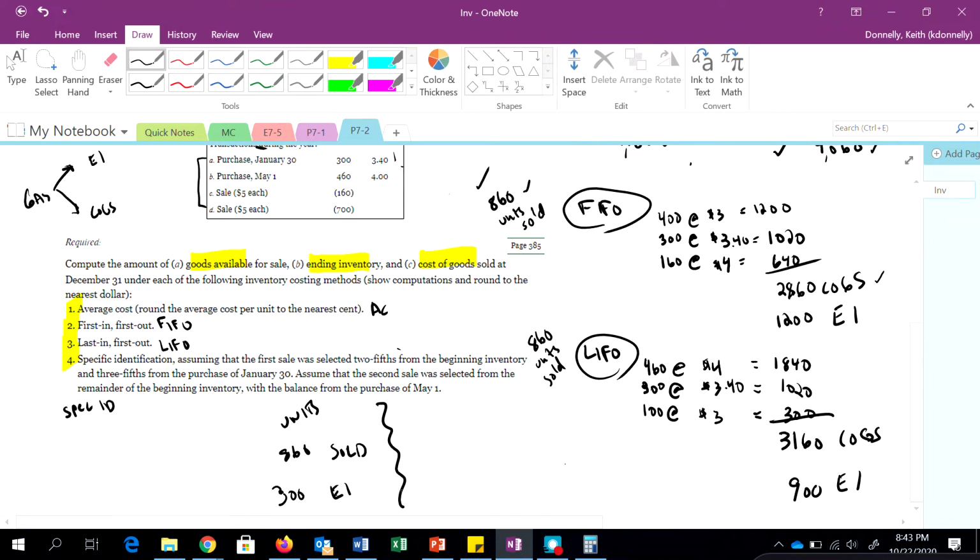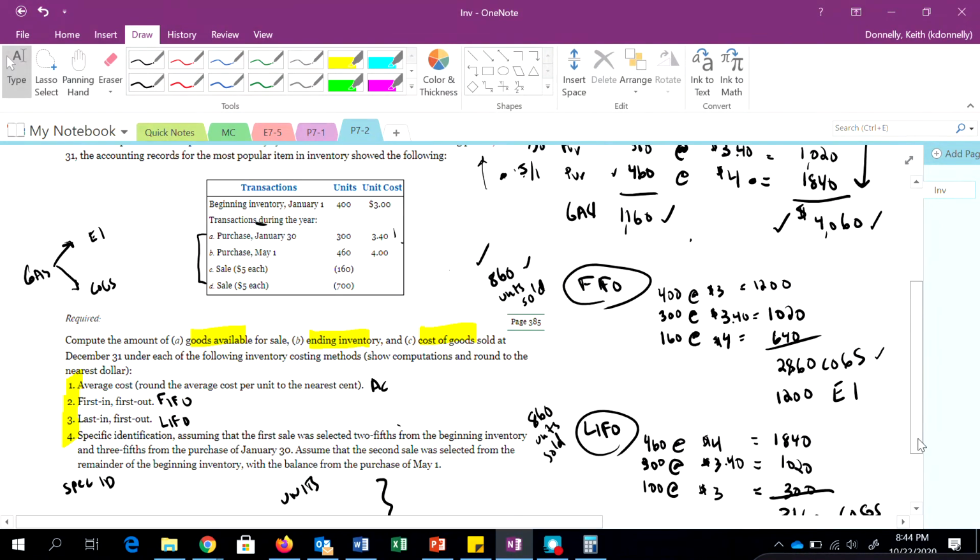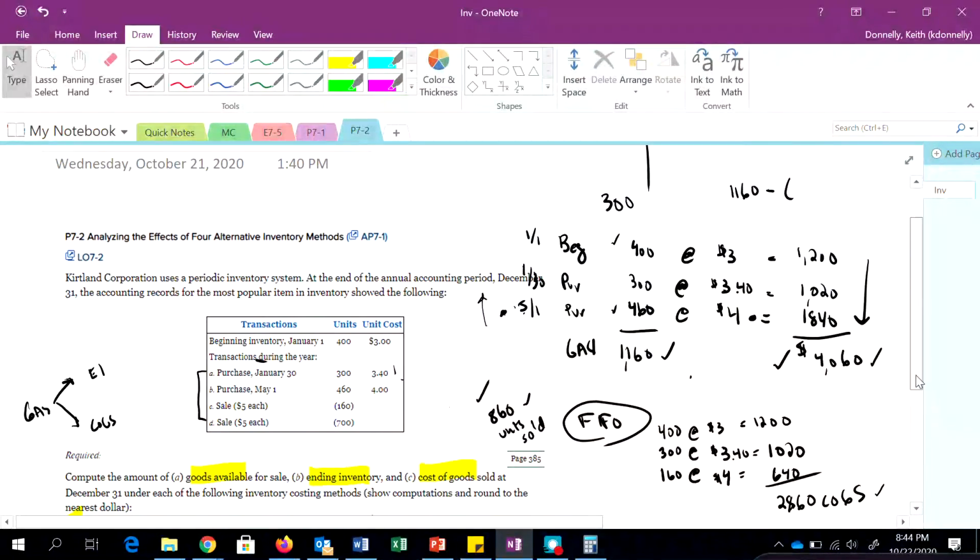So average cost says, on average, what did each one of these items we bought cost us? Let's go back up to look at the facts.